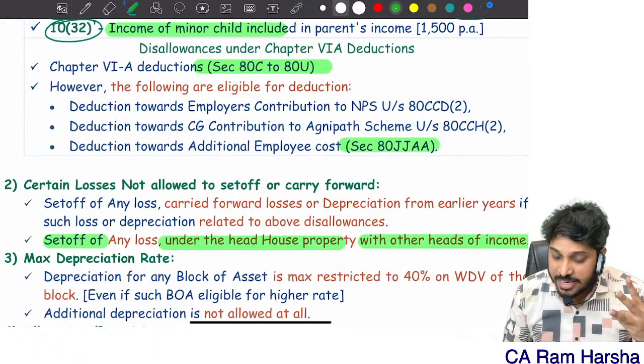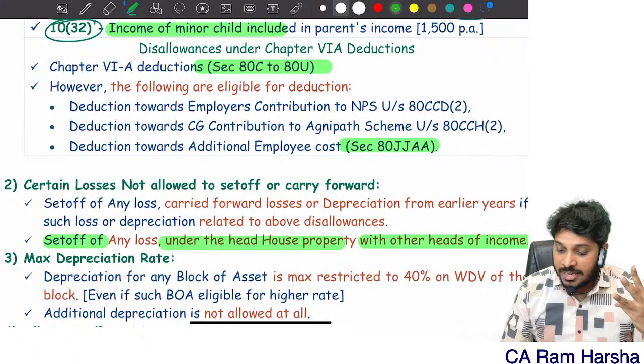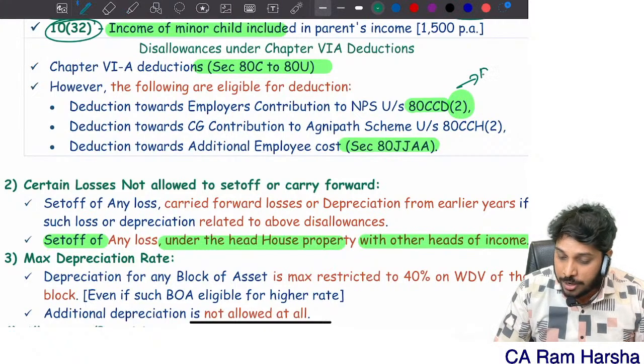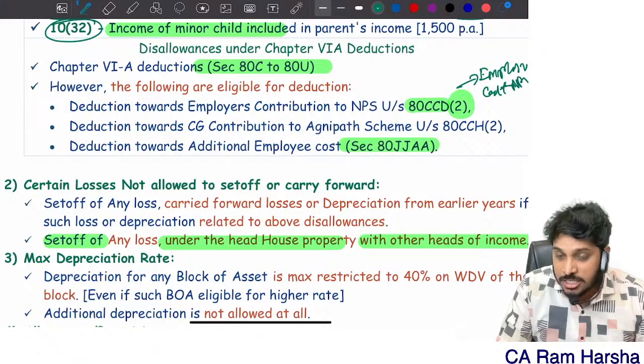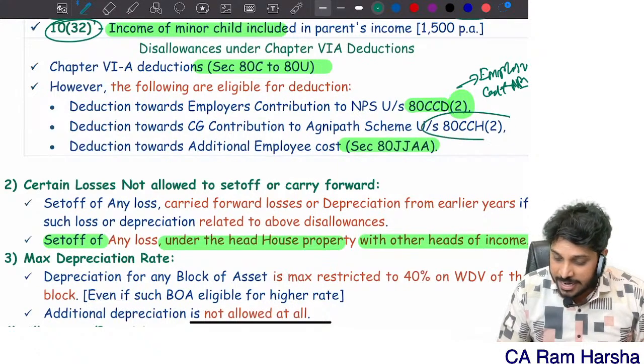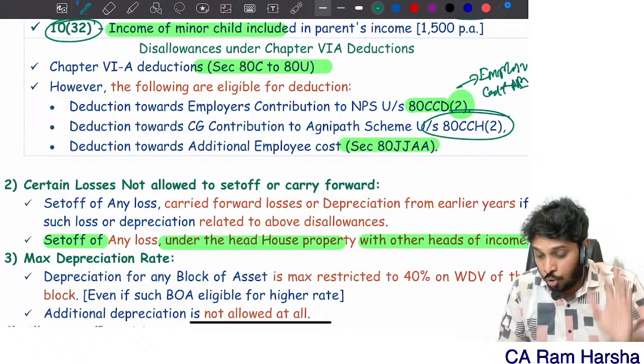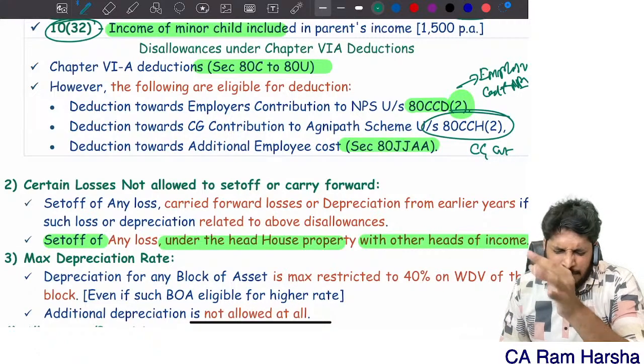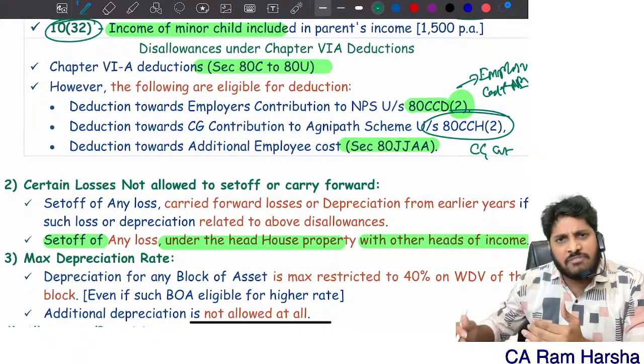What is it? 80JJAA. 80CCD, not fully, only subsection 2, employer contribution. Remember this. This is employer contribution to national pension scheme. Then 80CCH subsection 2, central government contribution to Agnipath Corpus Fund on behalf of Agniveer.